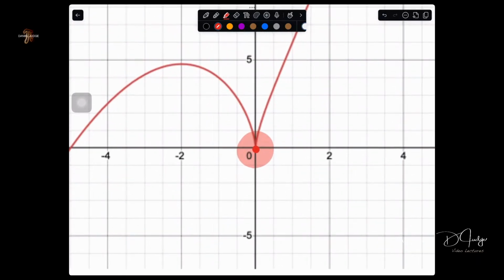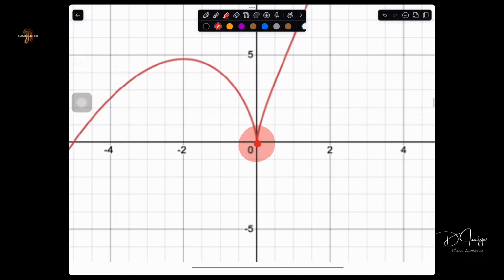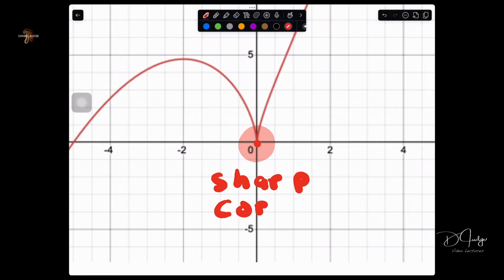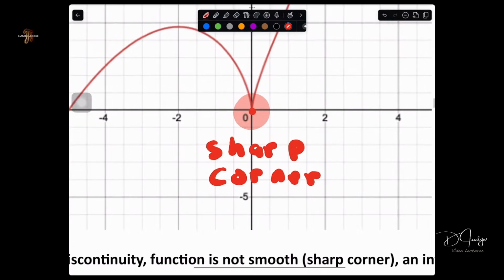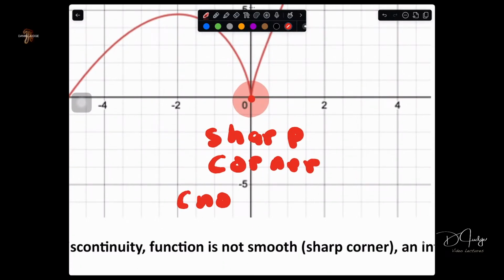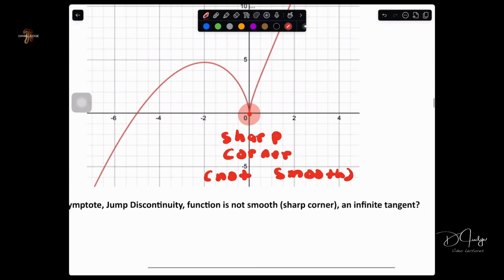That is a sharp corner. So this curve does have a sharp corner. We say this is not smooth. That's what we mean by not being smooth. So is there a location where that function is not smooth?